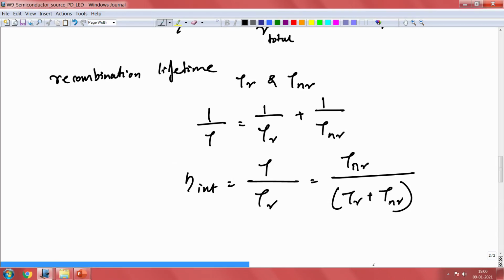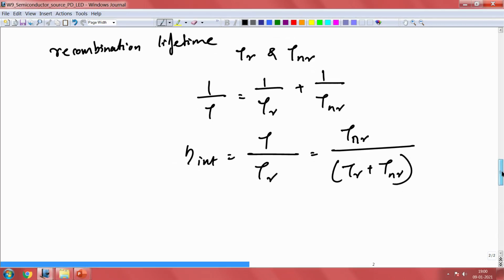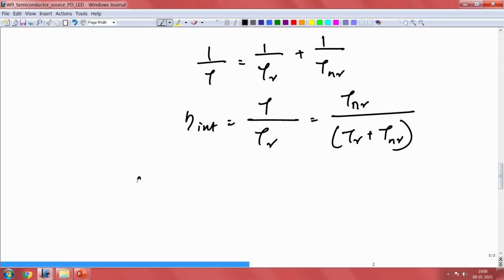Okay. So, normally the internal quantum efficiency for semiconductors is pretty high. So, this can be very large because the lifetimes are very small, right. So, the total recombination lifetime can be very small. Just to give you an example, for gallium arsenide, your tau r, the radiative recombination, is about 100 nanoseconds, while your non-radiative recombination is also in that same order.